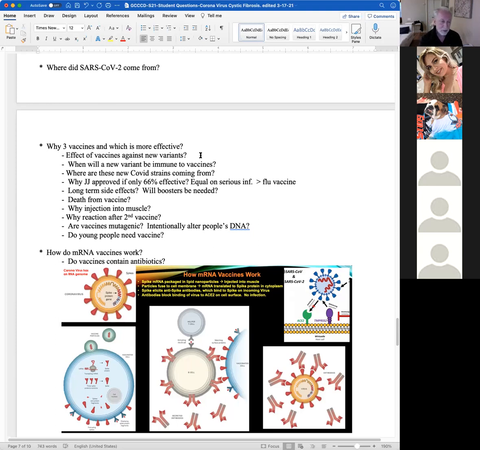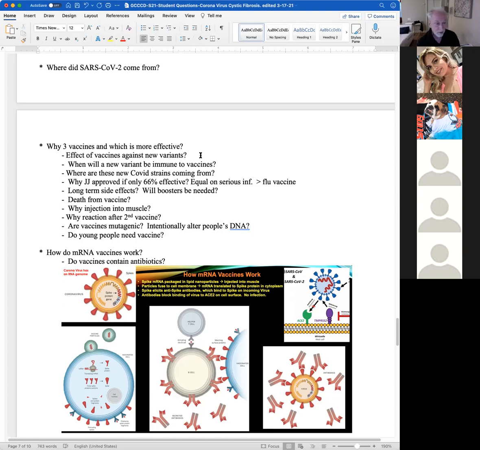So that's why there's so much pressure now for people to get vaccinated to reduce the number of copies of the virus. The fewer copies there are, the lower the chances of a variant that will be immune.